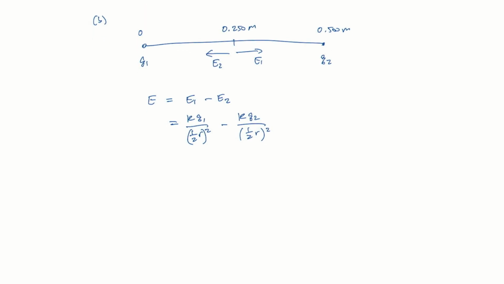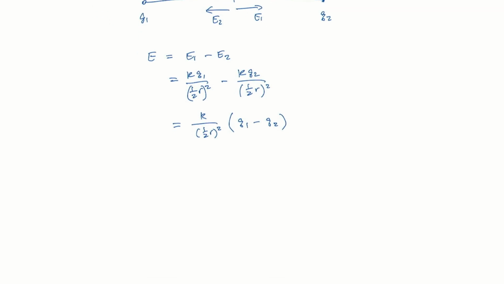This time we can't cancel because we have E on the other side. But we can factor out the K, and we can factor out the 1/2 R squared. We're left with Q1 minus Q2. All right, so K is 8.99 times 10 to the 9 newton meters squared per coulomb squared. We've got 1/2 of the 0.500 meters, and we're going to square that.